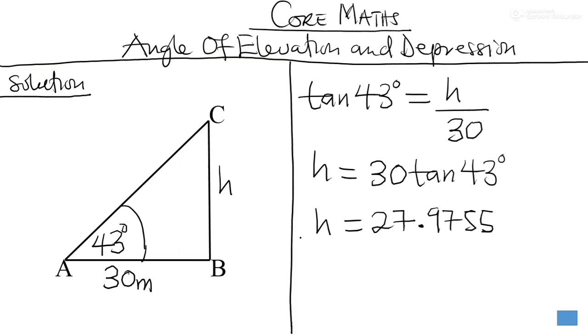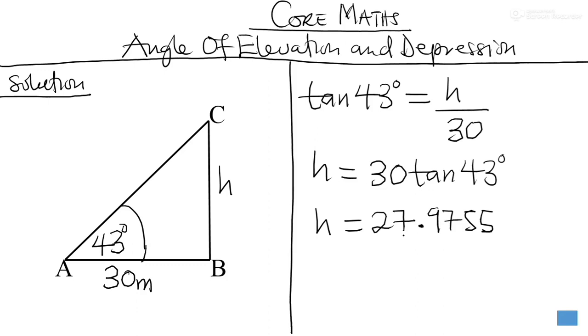But the question said we should approximate to the nearest meter. So 27.9755 to the nearest meter is going to be 28. Good. Because this is your whole number part, which is 27. So after the decimal point, the number here is more than 5.